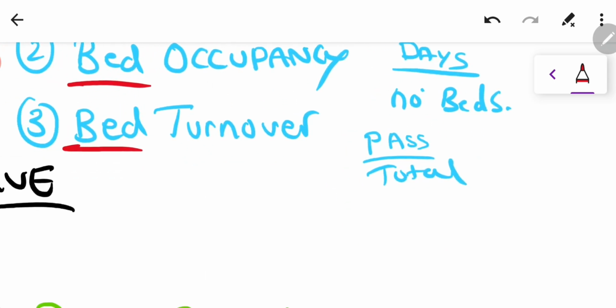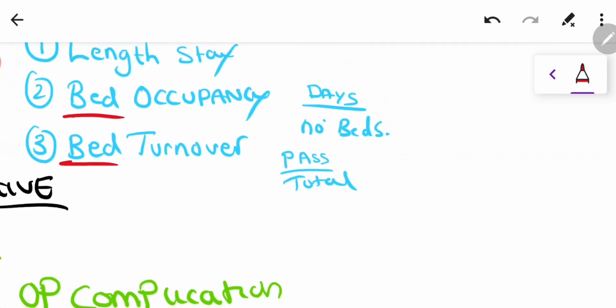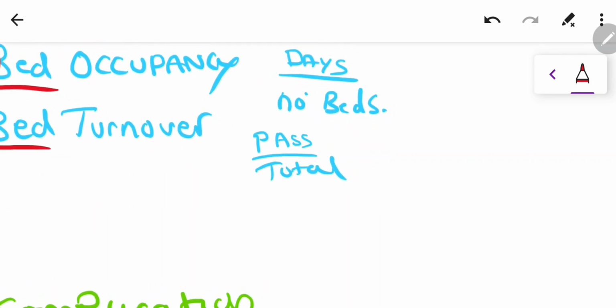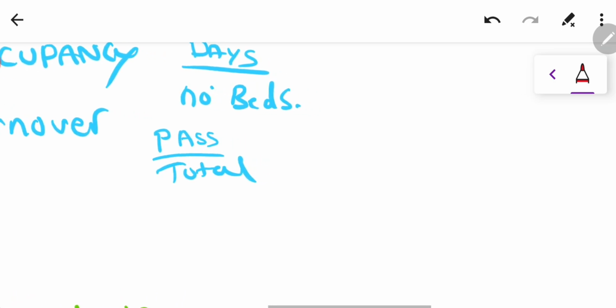Next is bed turnover. Now, again, I'm not too sure what they were saying because their wording is awful, but it was saying basically people who have passed from the bed or something like that divided by the total number of beds. It is kind of dodgy. Let me just double check what it exactly says.